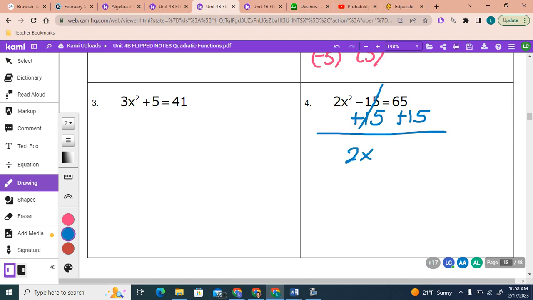And we have 2x squared equals 80. Remember, our goal is to get x by itself. So how do I undo the 2? We divide. Whenever we want to undo multiplication, we divide. x squared equals 40.